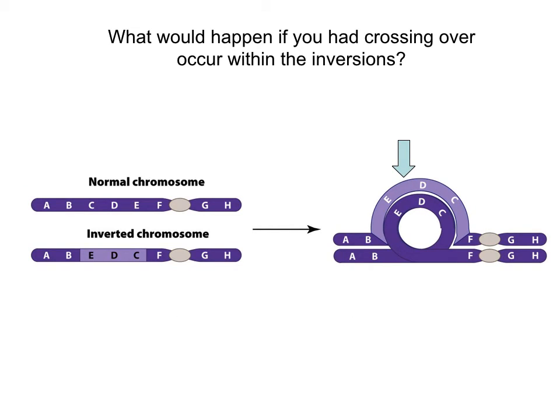So there's really no big issue with this unless you have a crossing over event occurring within that inversion. So if you do have a crossing over event occurring, say, for instance, where I have that arrow pointed, part of the inverted chromosome will then become attached to part of the normal chromosome.